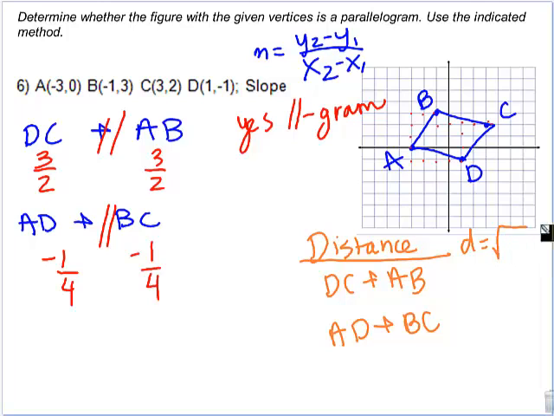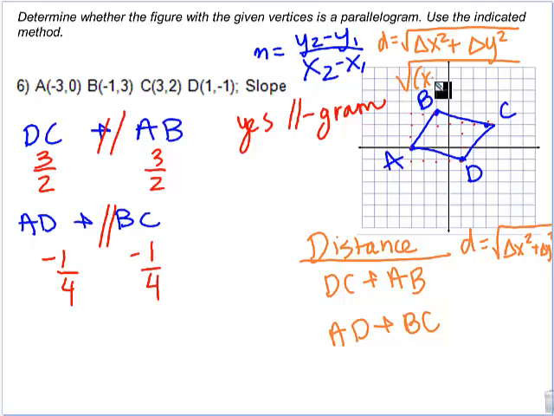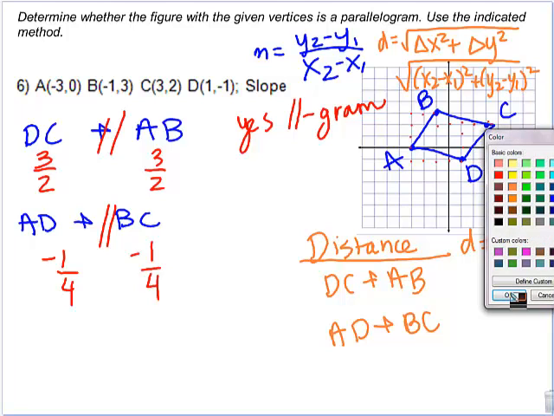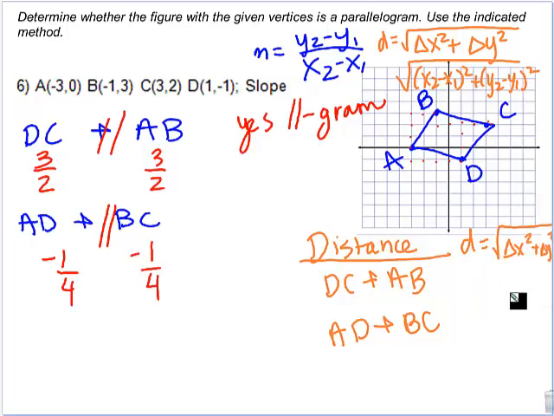The distance is the square root of the change of x squared plus the change of y squared. Or, for those of you who didn't like the changes, the square root of x2 minus x1 squared plus y2 minus y1 squared. We'll go through it right now. So from D to C, let's look up here.